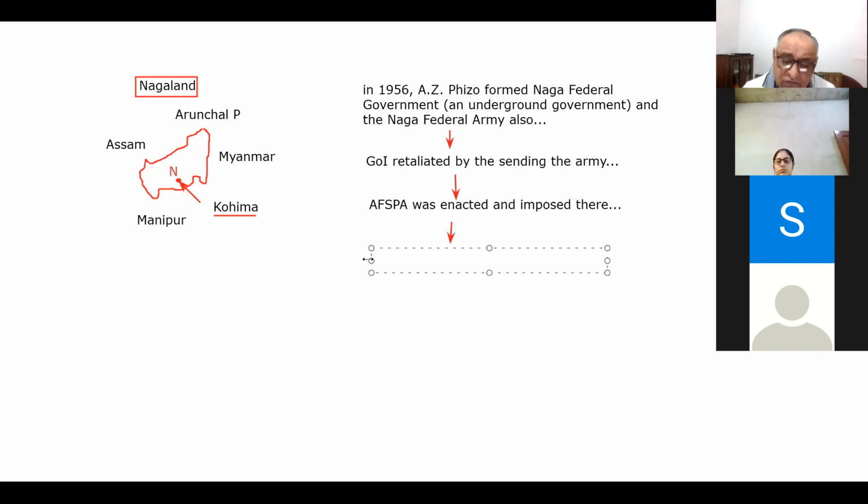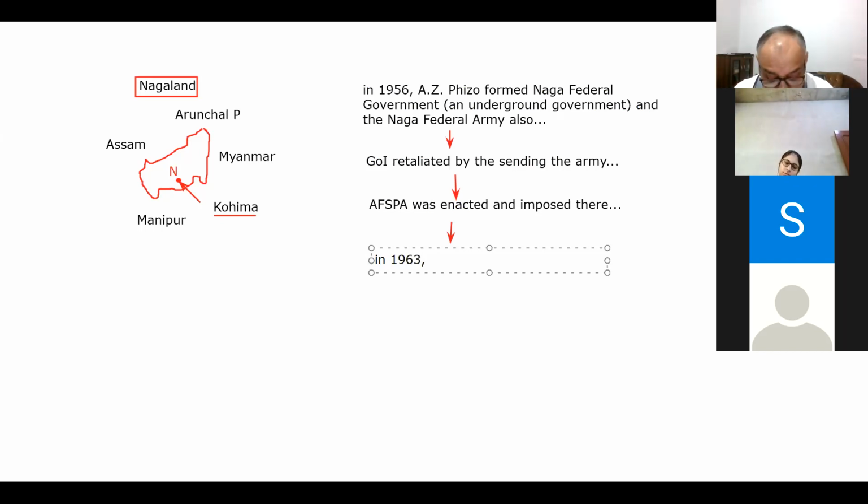So an agreement was signed, but that agreement was not acceptable to Fizo, right? So Fizo did not accept it. And then what happened in 1963, as we have already discussed, right?